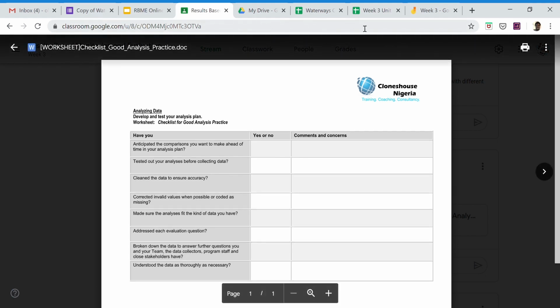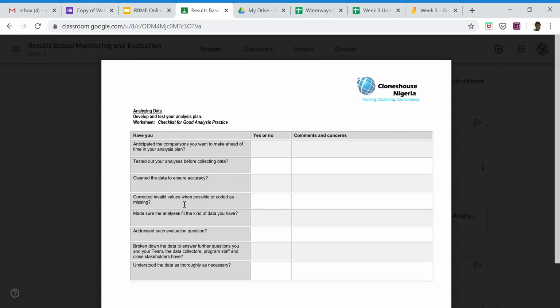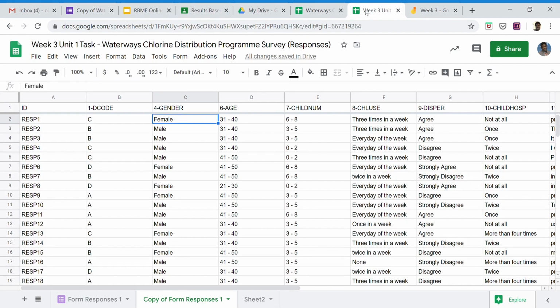Which is what we just did. Correct invalid values when possible, or code them as missing. Like I said, when you have spaces, and I know question 4 is important, when it's blank there, then you need to call the enumerator to confirm from the beneficiary again.